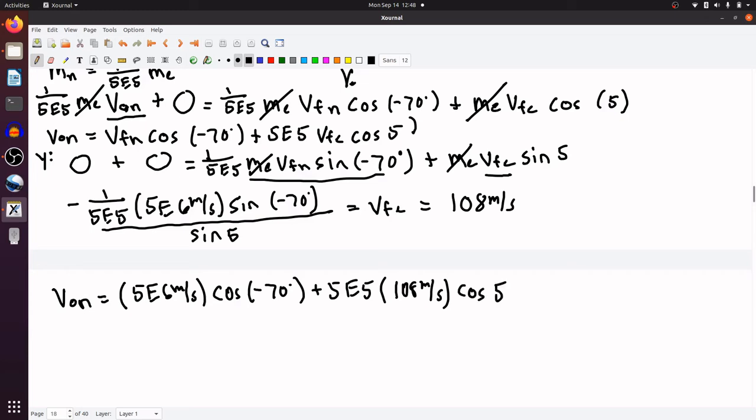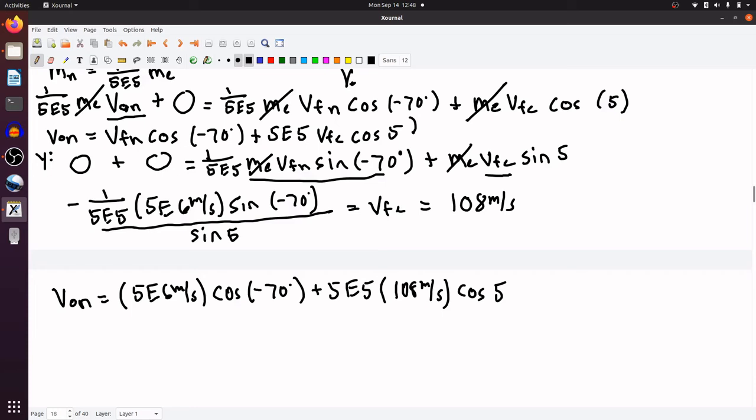So now we have everything we need to solve the problem. So let's do that. All right, so let's take 5 times 10 to the 6, so 5e6, times the cosine of negative 70, plus 5 times 10 to the 5th times 108 times the cosine of 5.